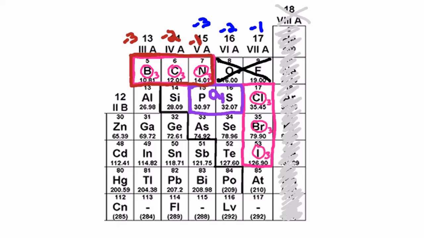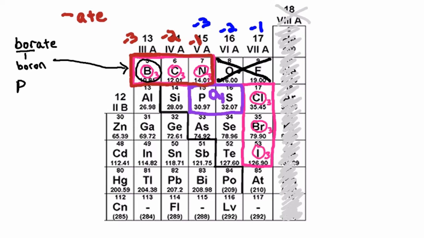So let's try to write some of these out. And these are all in the "ate" suffix for polyatomic ions. So what if we need borate? Well, borate, that's boron. So the root word of that would be boron, which would be this B right here.